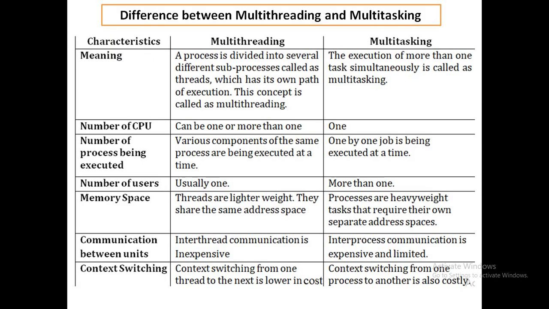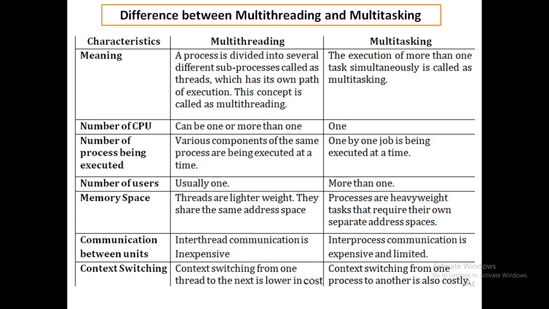The difference between multi-threading and multitasking. In multi-threading, a process is divided into several sub-processes called threads, which have their own separate path of execution, whereas multitasking is the execution of more than one task simultaneously.